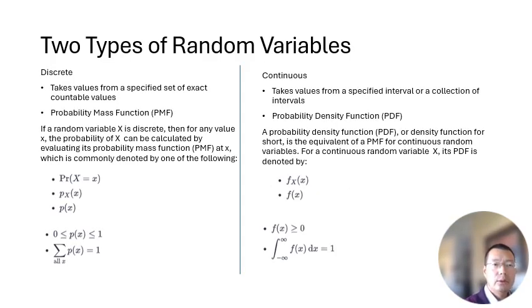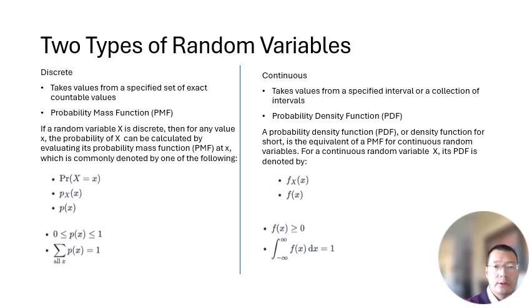As we know, there are two types of random variables. One is discrete, one is continuous. I put them side by side so that it's easier to compare and understand. For discrete, it takes values from a specific set of exact countable values. For example, the values can be 1, 3, 5, 6, 7, but they are countable.